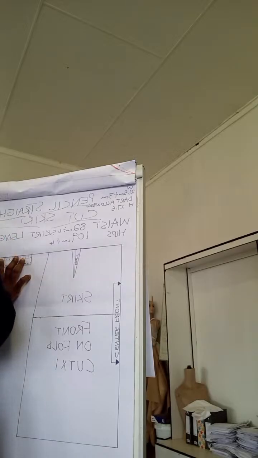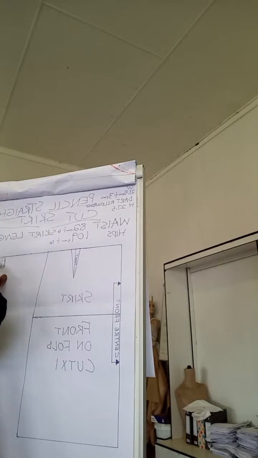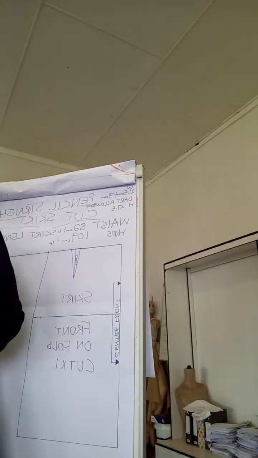So I said for the dart, I go from there about 15 centimeters to place a dart. Here is the place of the dart, 15 centimeters from the edge to here.